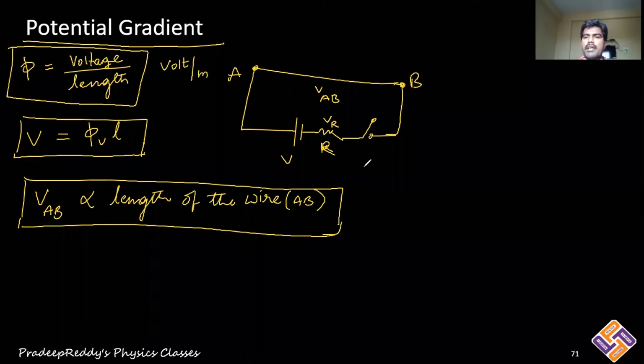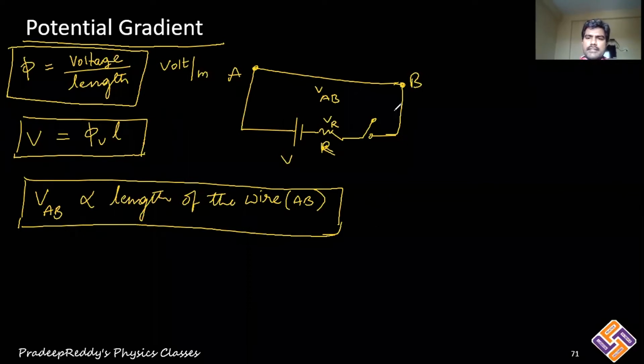If the length of the wire is smaller, the potential drop in that wire will also decrease because the length is decreased. So remember that the voltage dropped across that particular conducting wire is directly proportional to its length. Less is the length, voltage dropped will be less. More is the length, more will be the voltage dropped across that particular length.